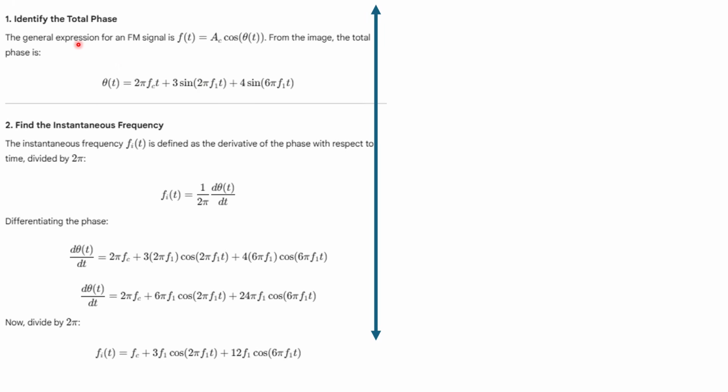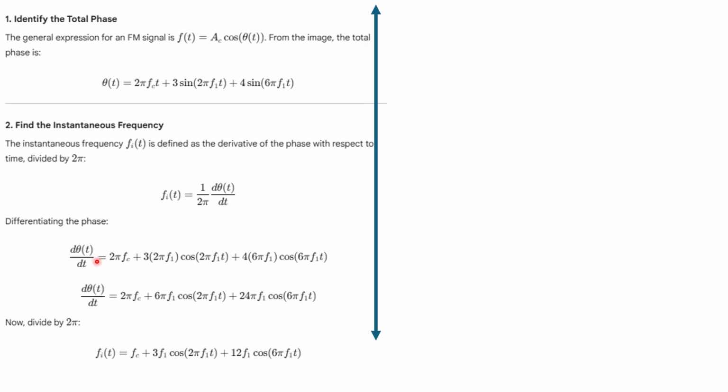So here theta t is given, that is omega c, which in the question has been given, right? From here you can see that omega c is there, that is fc, and the message information has been given right here. Now we will find fi, that is the instantaneous frequency, right? So we will find d theta by dt, and then we will divide by 2 pi.